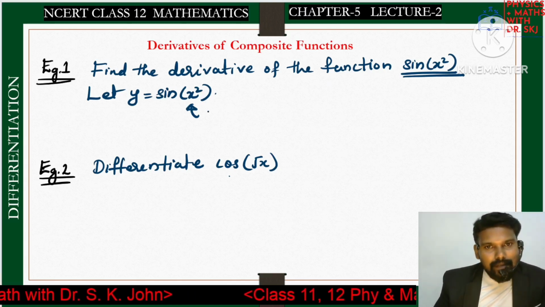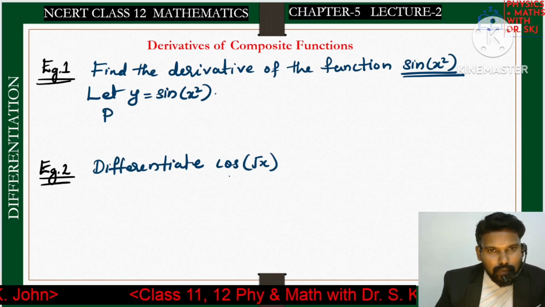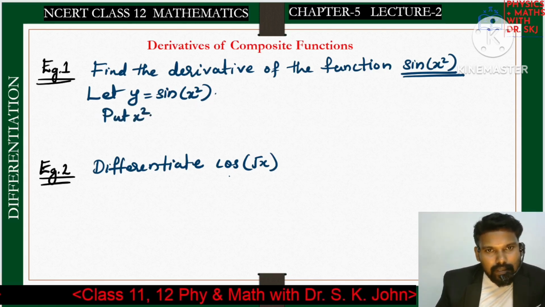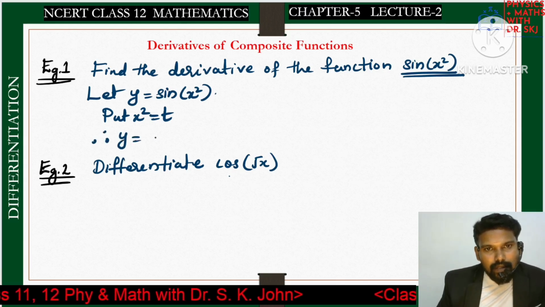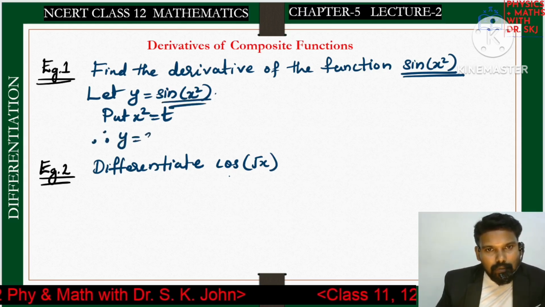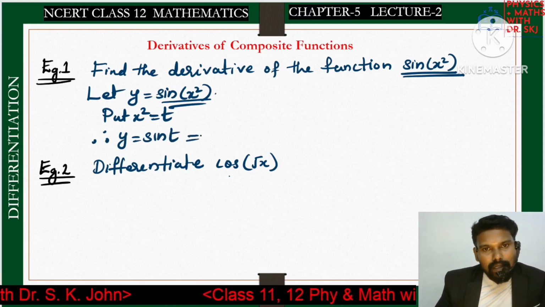So let x square be t. Therefore y is equal to sin x square, which will be sin t. Now what is dy by dx?